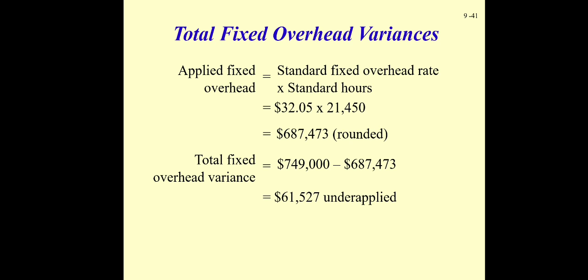Total fixed overhead variance is 749,000 minus 687,473. The answer is 61,527 under applied.